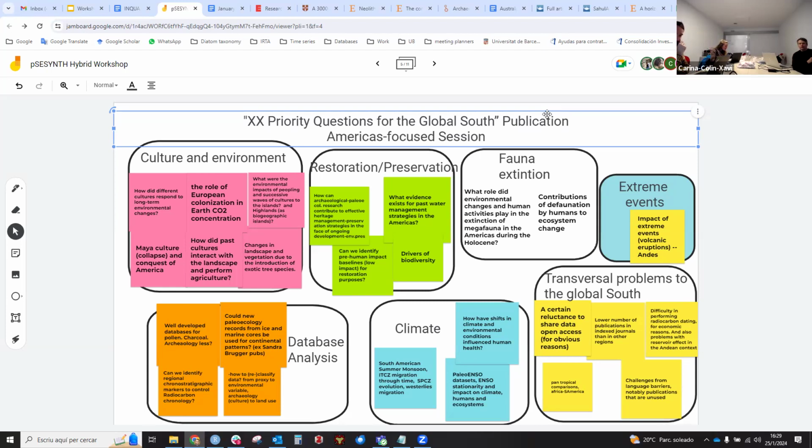And then we found this database analysis related question that I think we can also join to the general question or the main concern about which kind of data we need to collect or how we should evaluate the data.